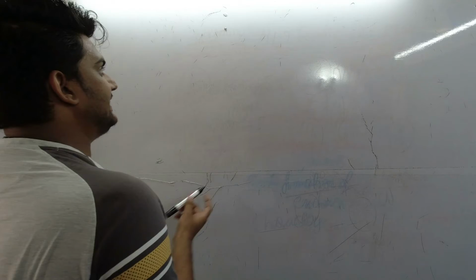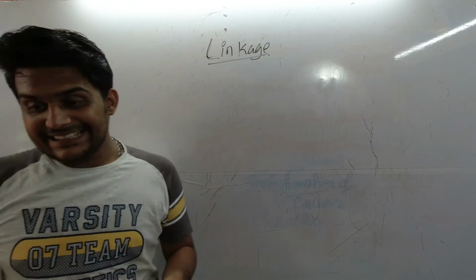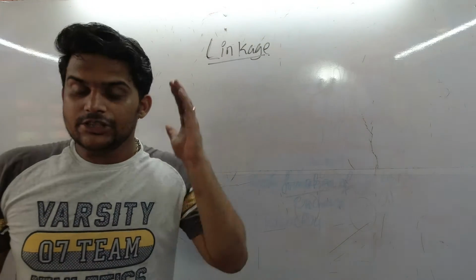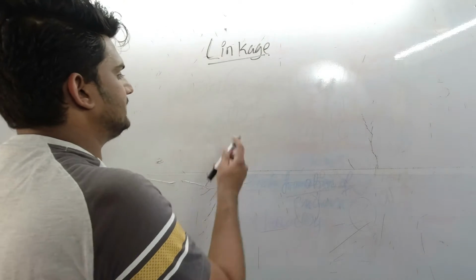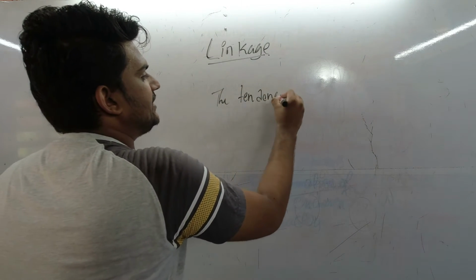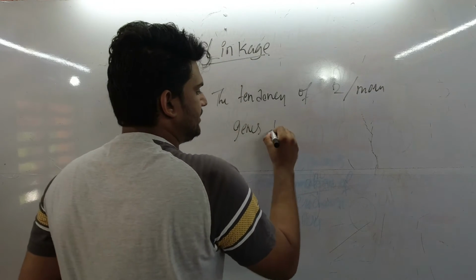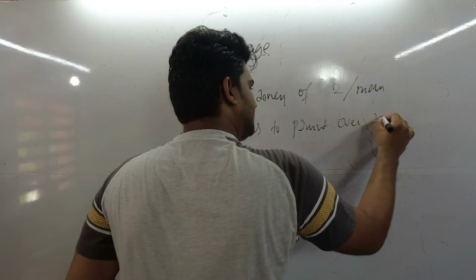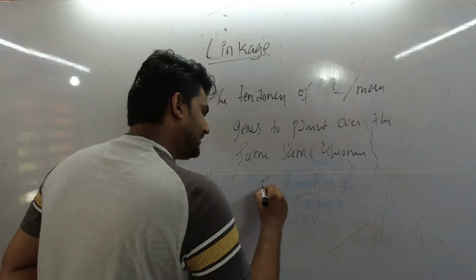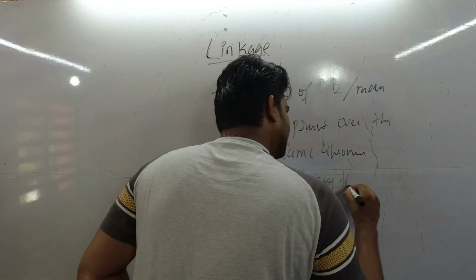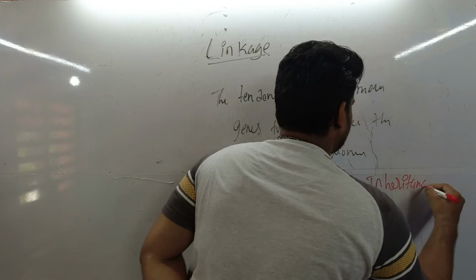Okay, now linkage. What is linkage? Linkage is defined as the tendency of 2 or more genes present over the same chromosome to stay together even during the process of inheritance.